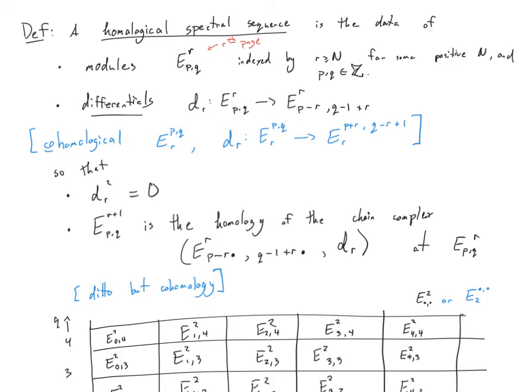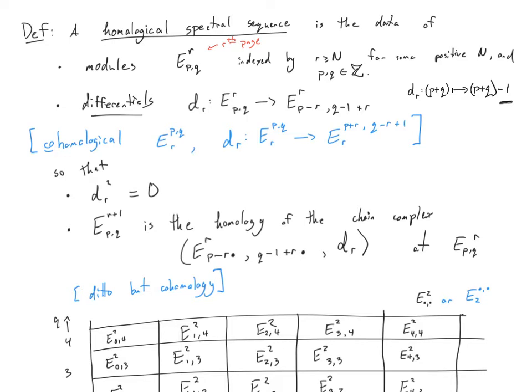The key thing to notice is that the homological differentials map from, if you add these numbers up, d r maps from p plus q to p minus r plus r q minus 1, so that's p plus q minus 1. So it shifts the p plus q grading by minus 1.